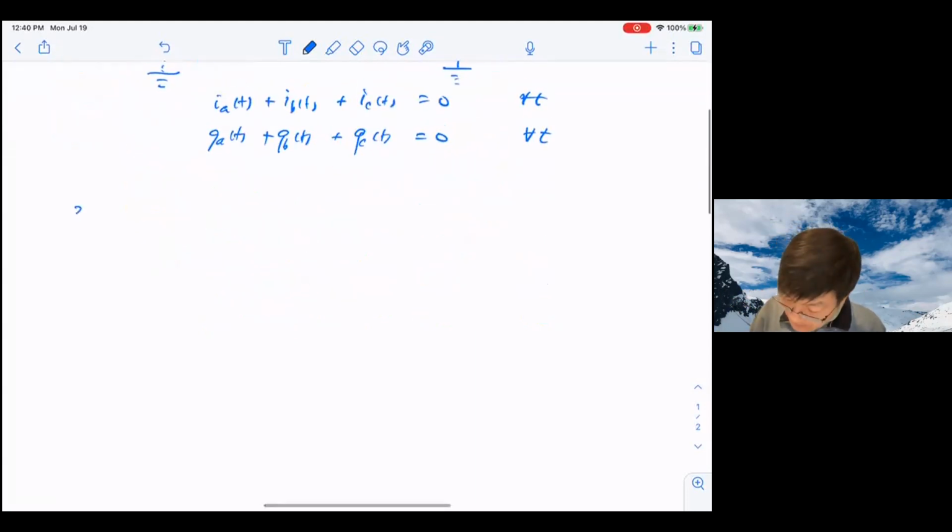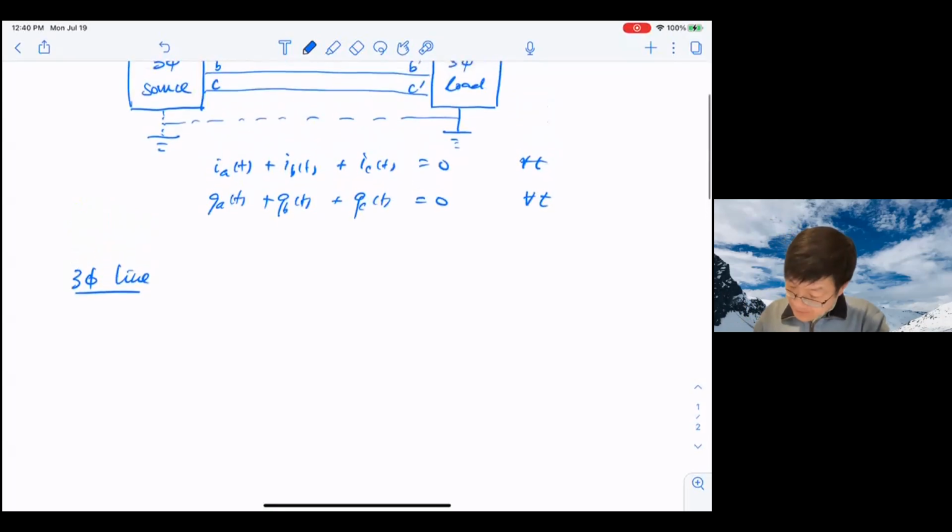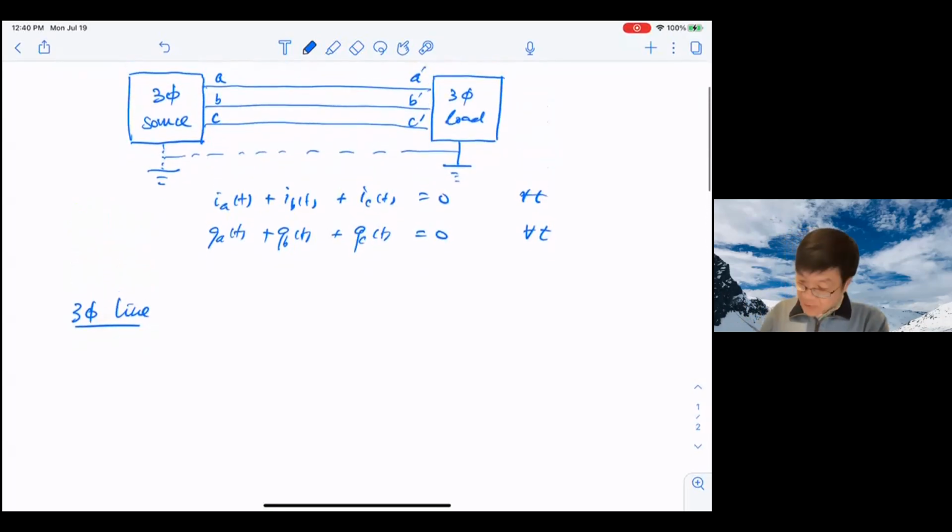So, three-phase line. Let's look at the picture above, right? There are four, and the big assumption, which is a very reasonable assumption, is that the voltage drops and the currents are linearly related.